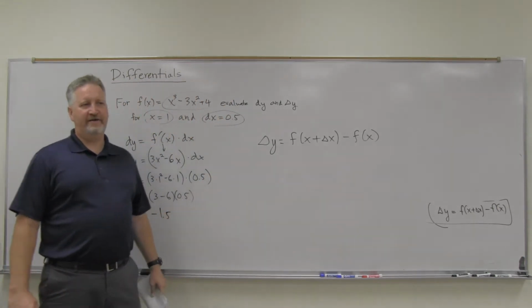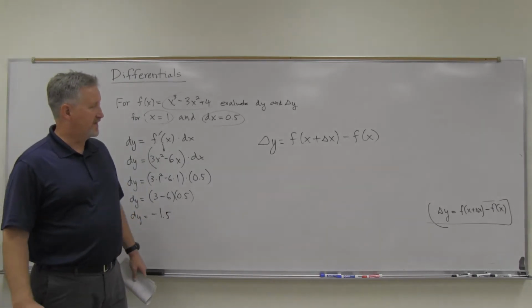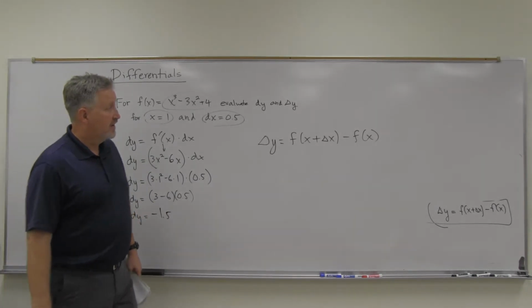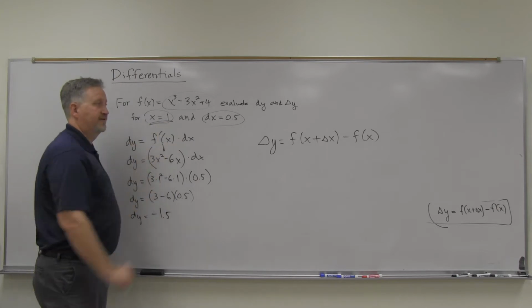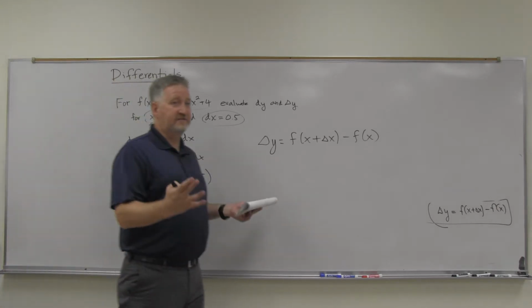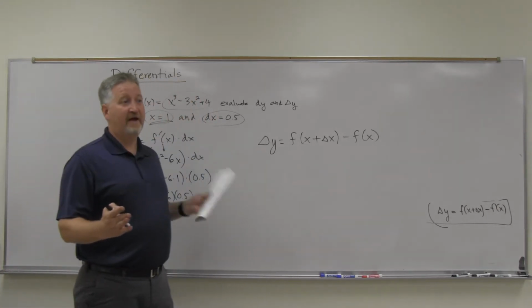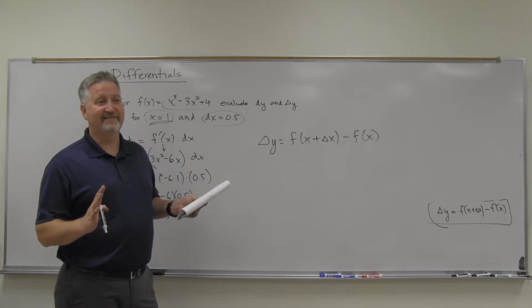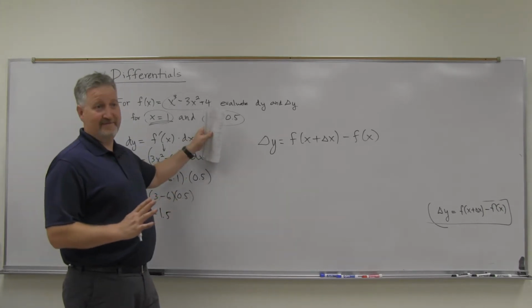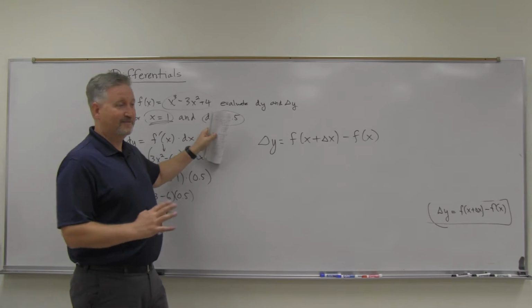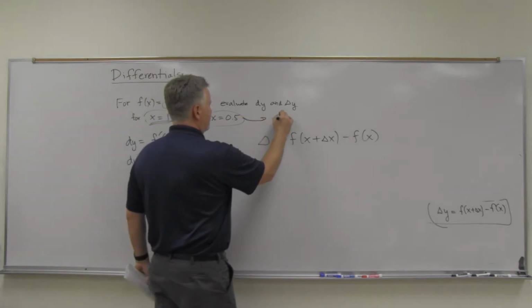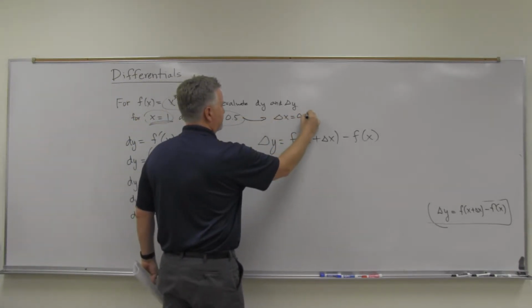Delta y, on the other hand, here's how we compute it. It's f of x plus delta x minus f of x. I've got the x. Didn't specifically state delta x, though, in the problem. However, what do you know about delta x? Same as dx, right? Delta x equals dx, so if dx is 0.5, delta x is 0.5.